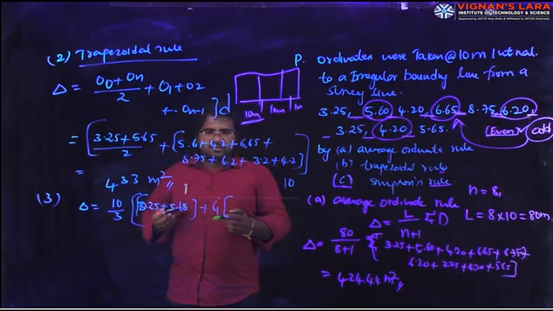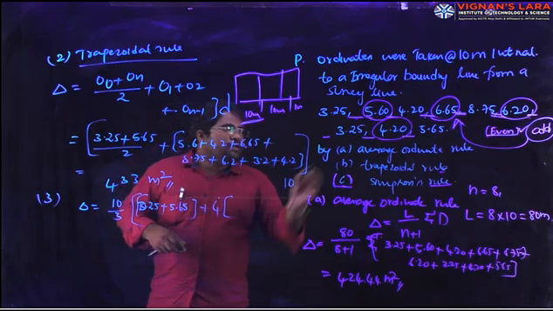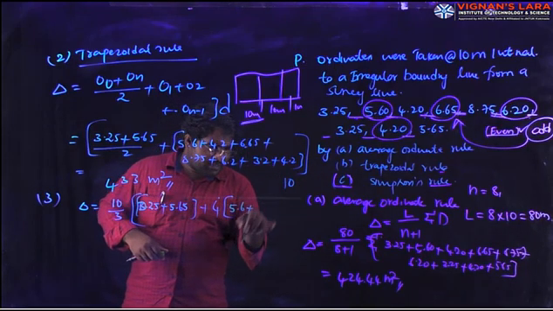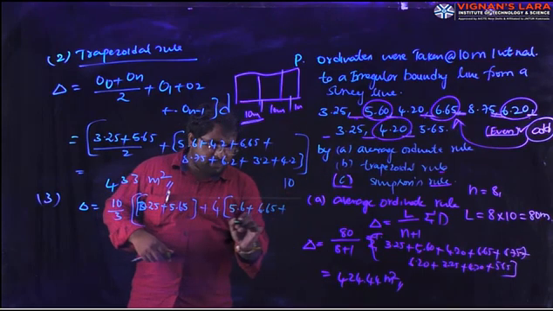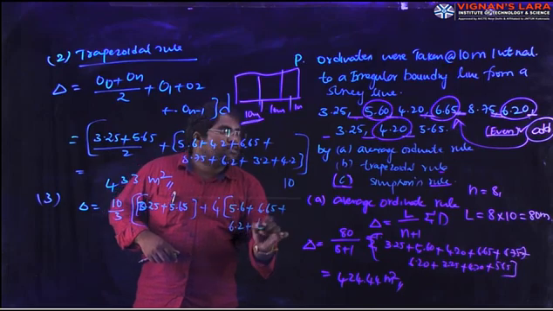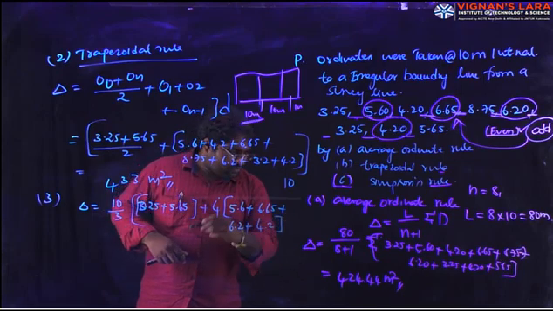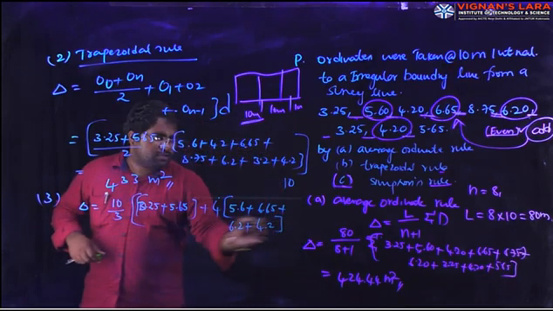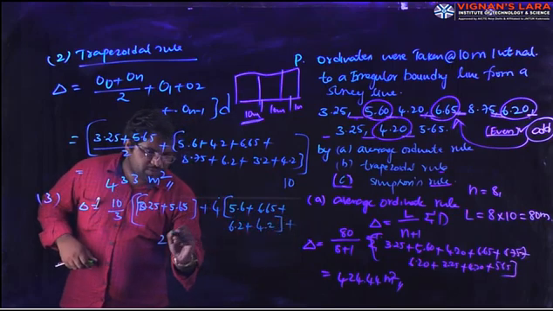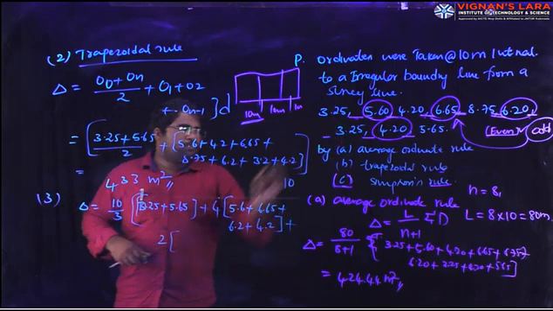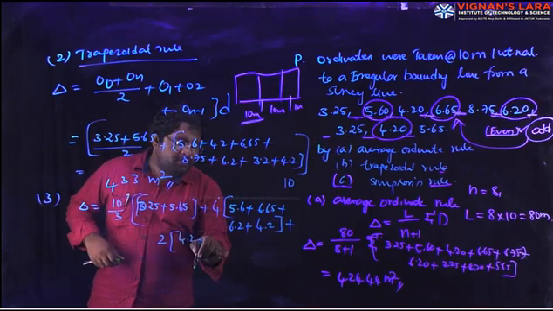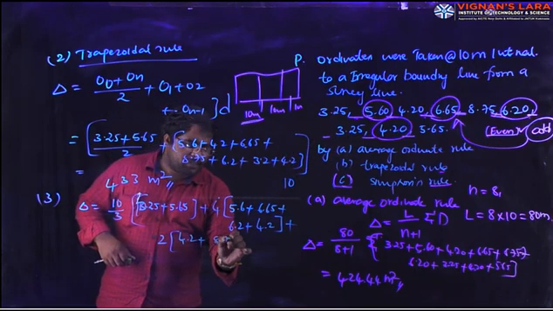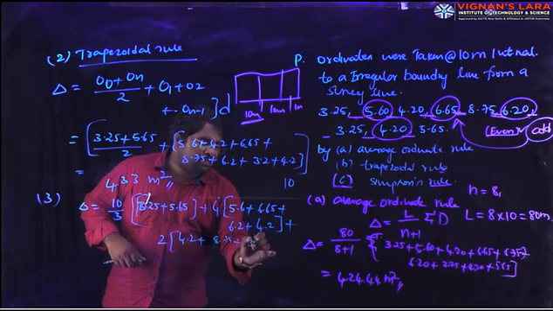So by doing this we get 5.6 plus 6.65 plus 6.2 plus 4.2. Also to this we need to add 2 times the even ones, that is the remaining ordinates except the first and last: 4.2 plus 8.75 plus 3.25.